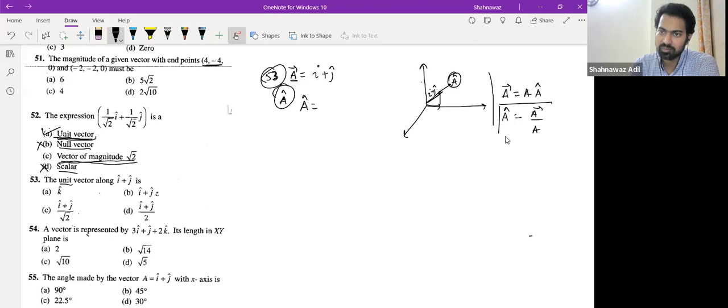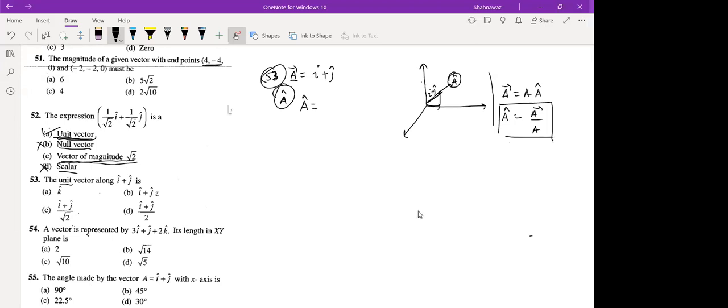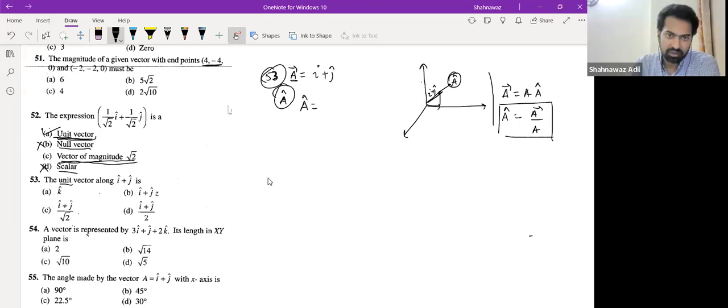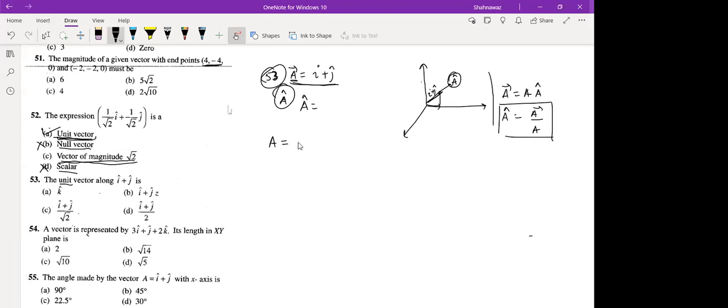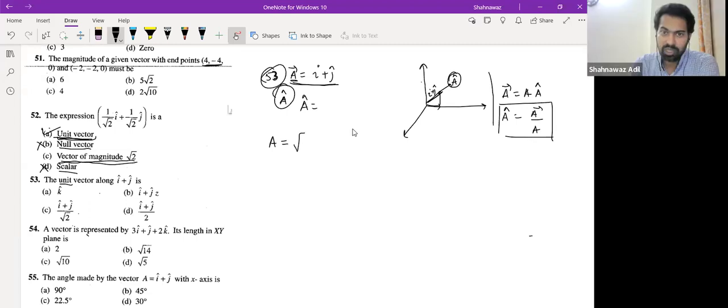Is that correct? Yes, sir. So we have to calculate A magnitude. We have this vector, I cap plus j cap, under root square.